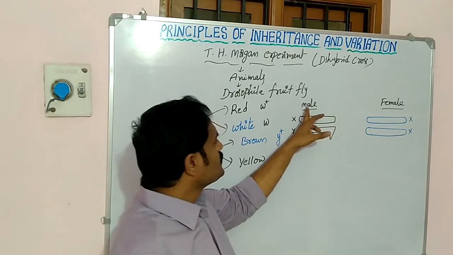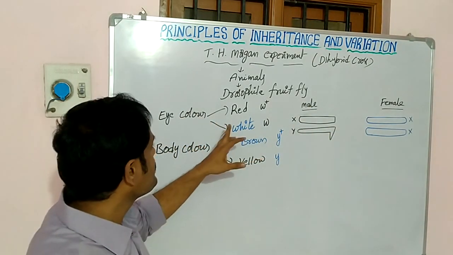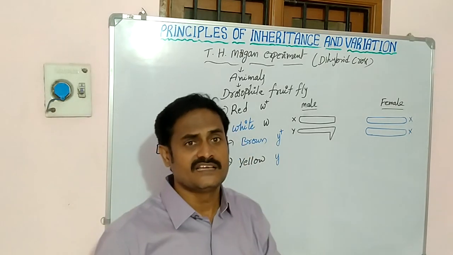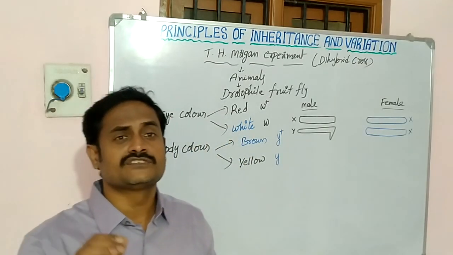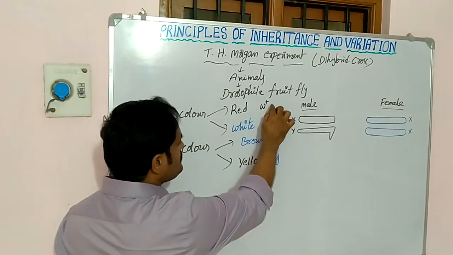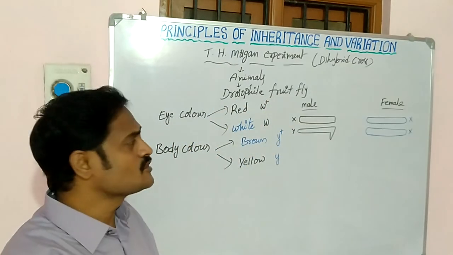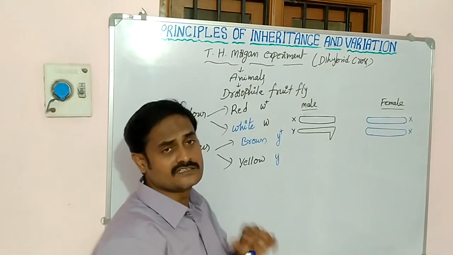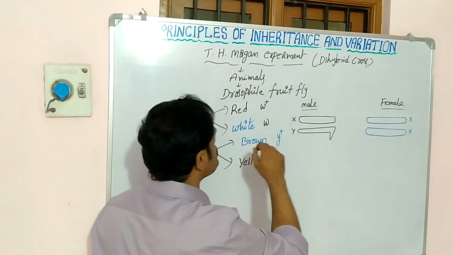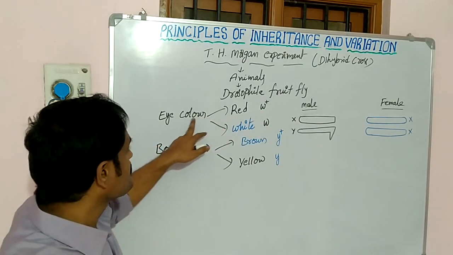First we are going to the male. Which type of eye color and which type of body color does the male have? Here the male consists of dominant characters. Remember, the plus indicates it is dominant. So males always have dominant characters. In the X chromosome, the male has W plus, the dominant eye color.